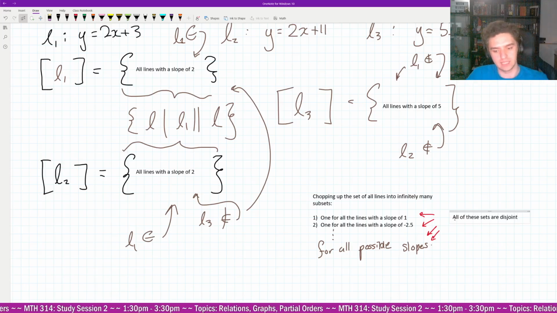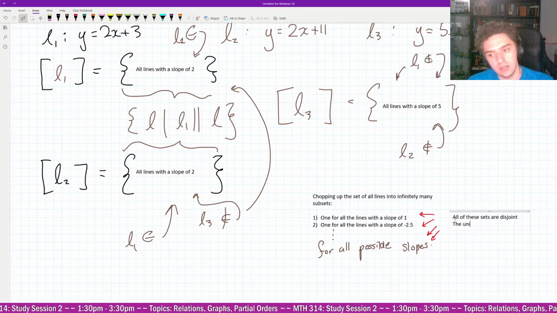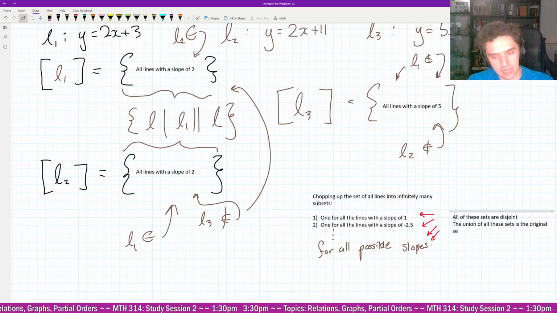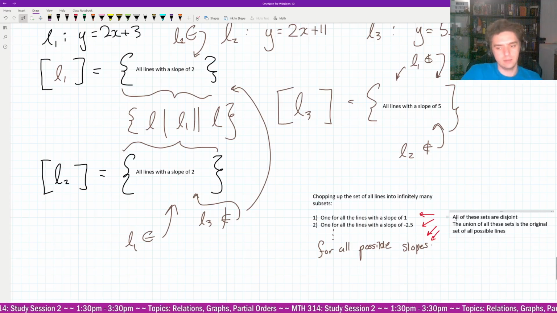There's no shared elements there. And the union of all these sets is the original set of all possible lines. Two important points.